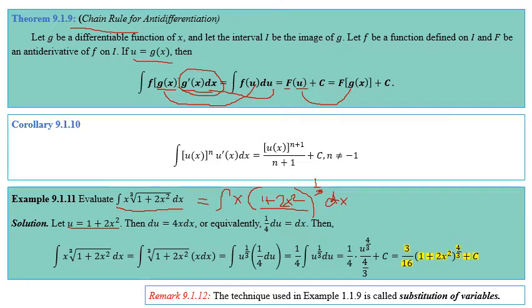After you let u, derive both sides. The derivative of u is du, you just add the variable d. Then the derivative of 1 plus 2x squared, class, is 4x, right? The derivative of 1 is 0.